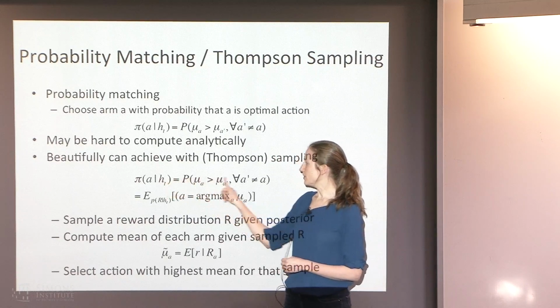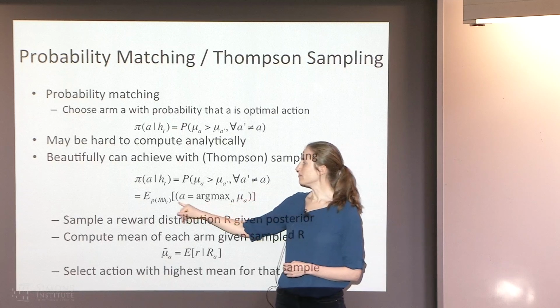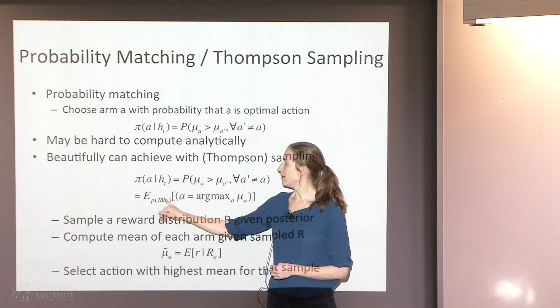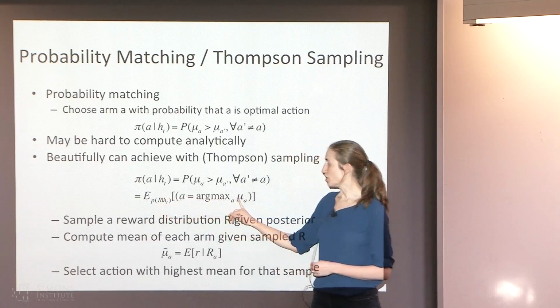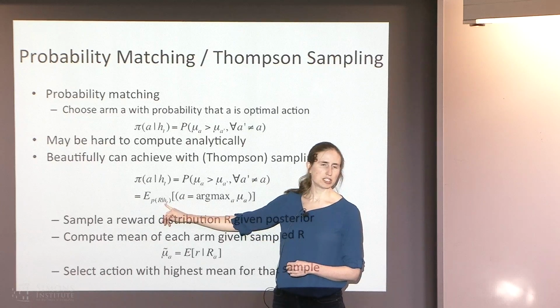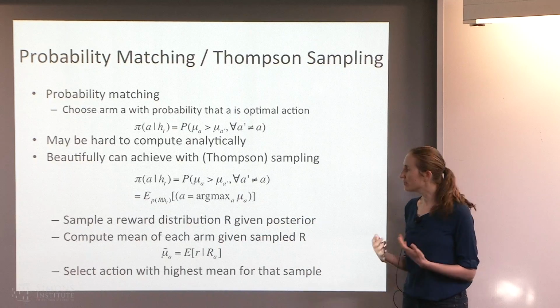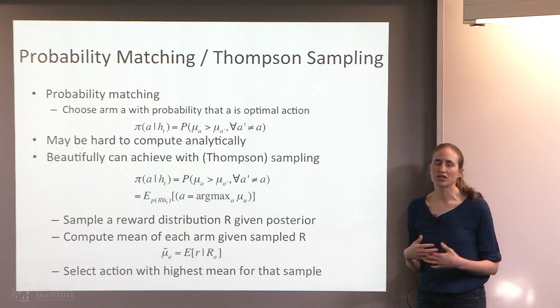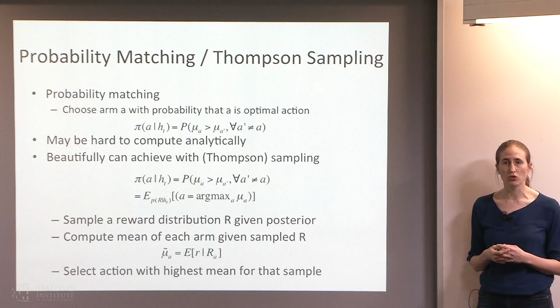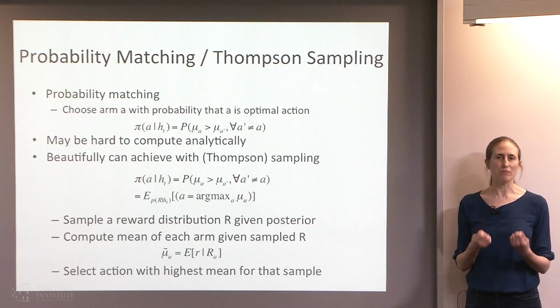So again, if we rewrite this equation here, we can think of this as the expectation that A is the argmax, given the probability distribution over reward functions. This is a really nice, elegant idea. So the idea is that we're going to maintain our full posterior over what the reward distributions could be, and then we can sample from that.